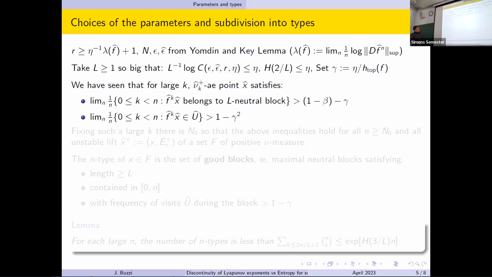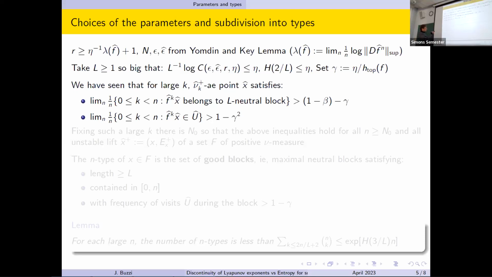Then the key lemma gives us an open set U hat, such that this is the set where we are essentially on a continuous graph, on the graph of a continuous function. So it is the set where we get the estimate of the key lemma, the bound which says that there is no entropy during neutral blocks. It's related to neutral blocks. Yes, it's something that we need from neutral.